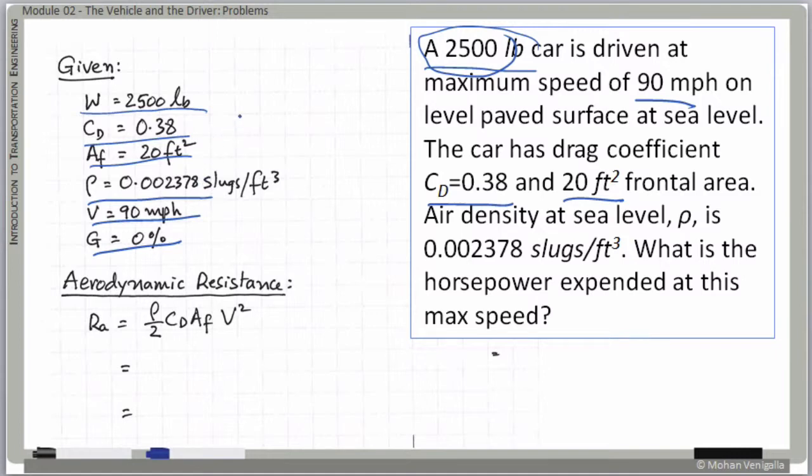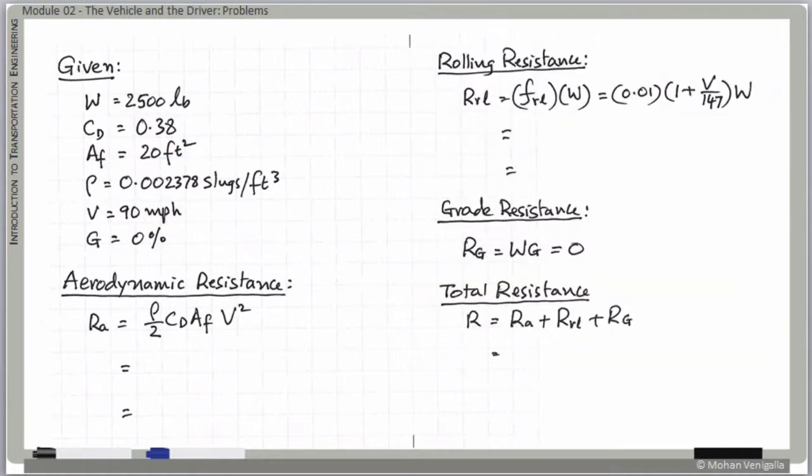Now the first one is aerodynamic resistance, which is given by the equation rho over 2 times CD times AF times V square.